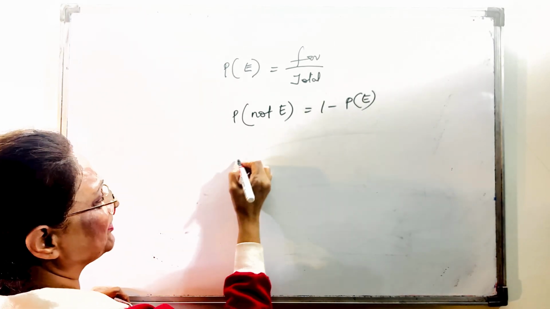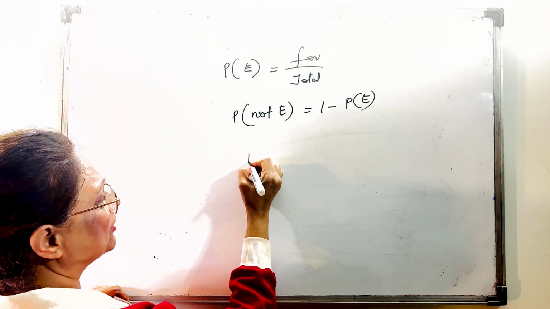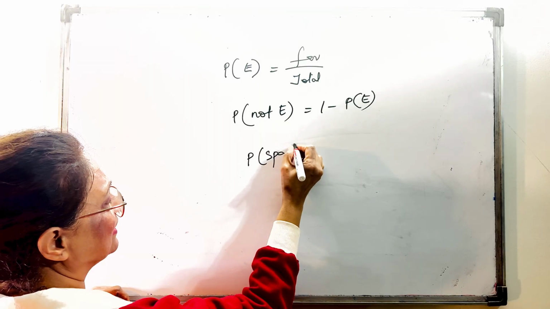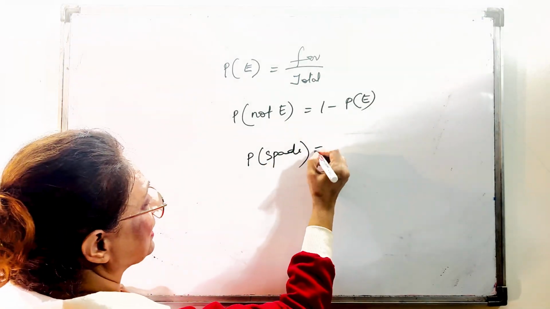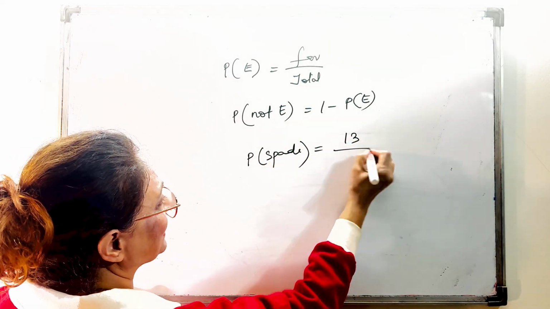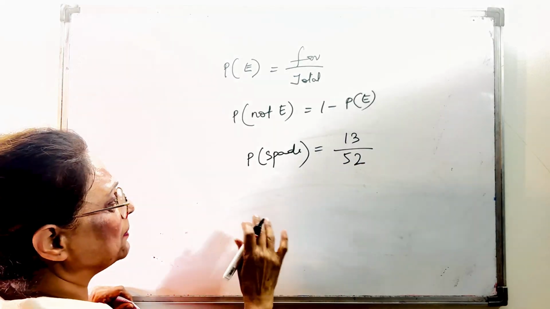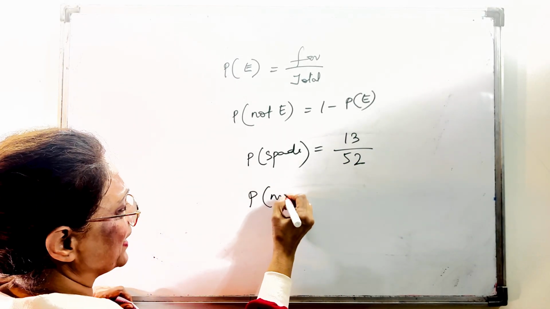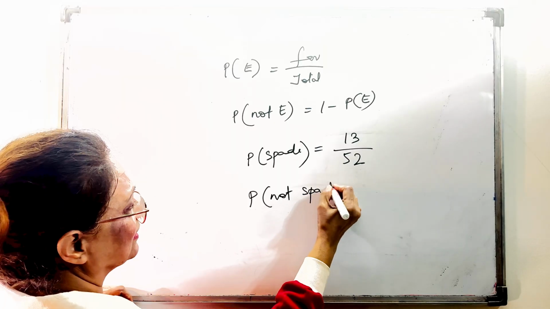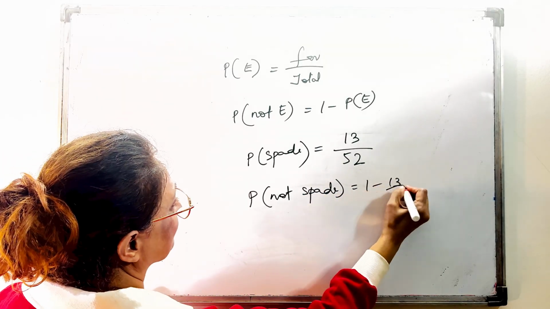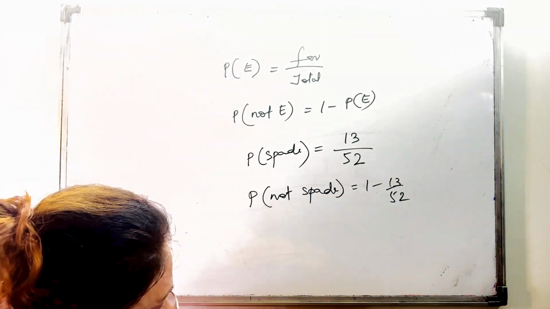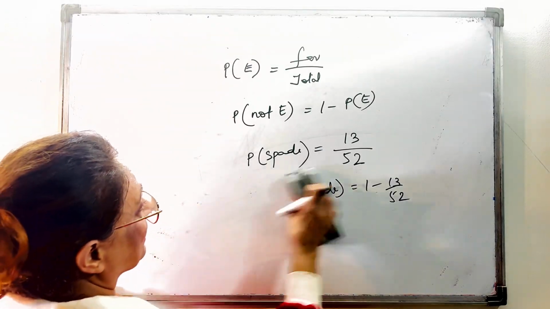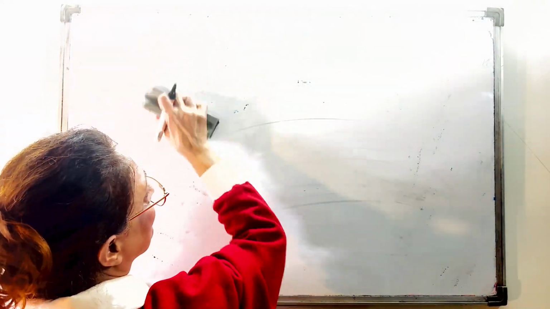So how many spades are there? 13, right? So probability of getting a spade when one card is pulled is 13 out of 52. So probability of not getting a spade will be 1 minus 13 by 52. Okay, now one important thing, writing sample space.